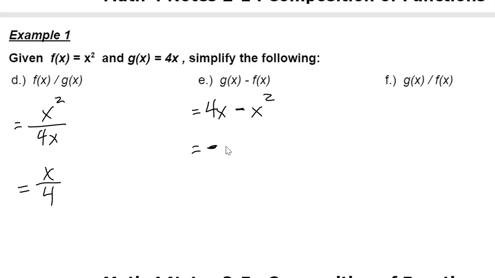Some teachers may want it in proper descending order, x squared, then x to the 1. I would take it either way. And then the last one, we have 4x, g of x on top, and x squared on the bottom. Once again, I have an x that is in common to both of those that will cancel out and leave me with that. That's what those are going to look like, and that's just your basic operations.